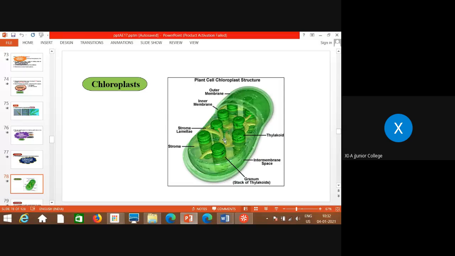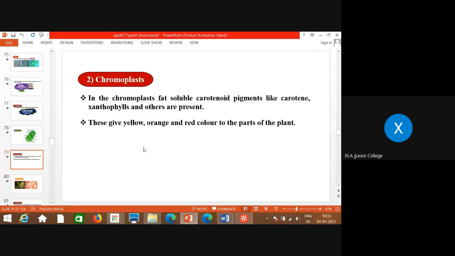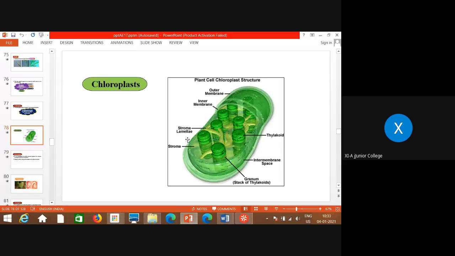Each granum shows the presence of oval disc-like structures, which are called thylakoids. These thylakoids are placed one above the other, which gives the appearance of a stack of coins. Now in the next diagram, we will see the structure again.